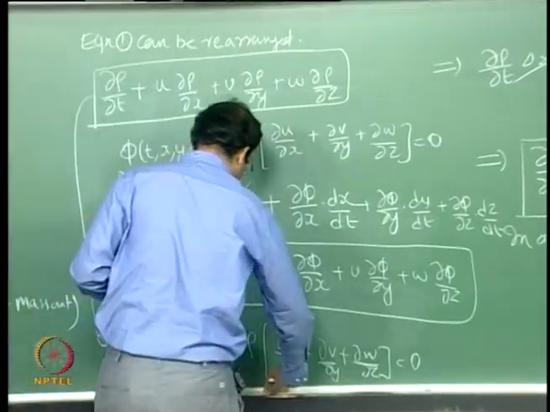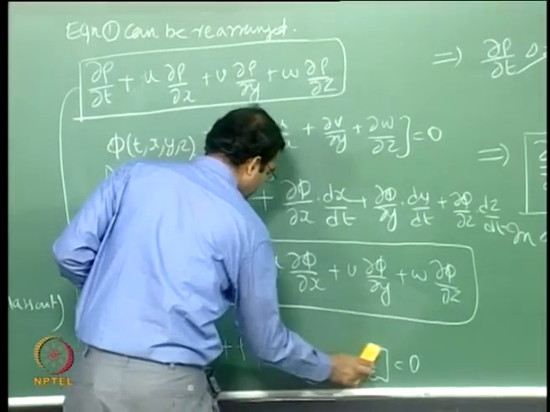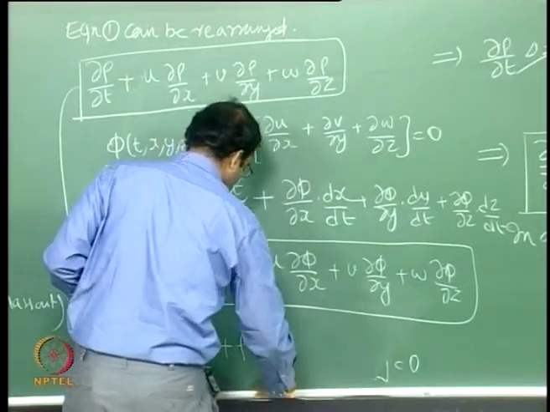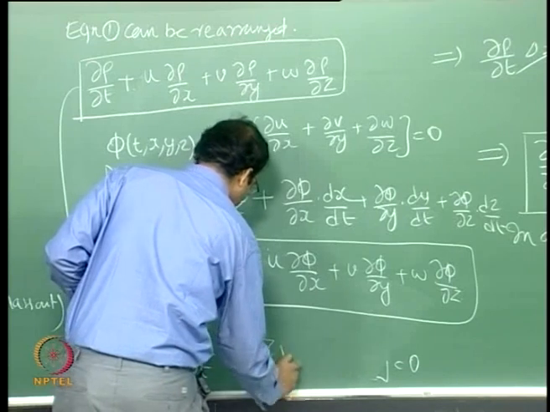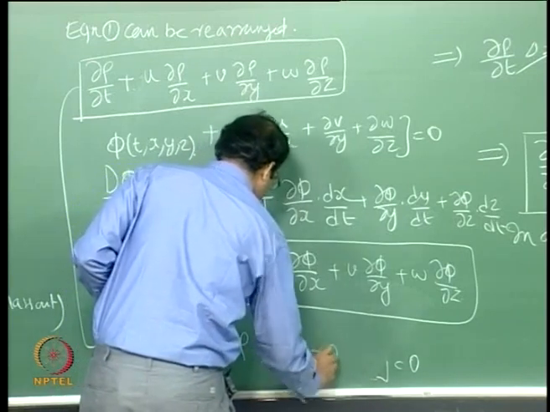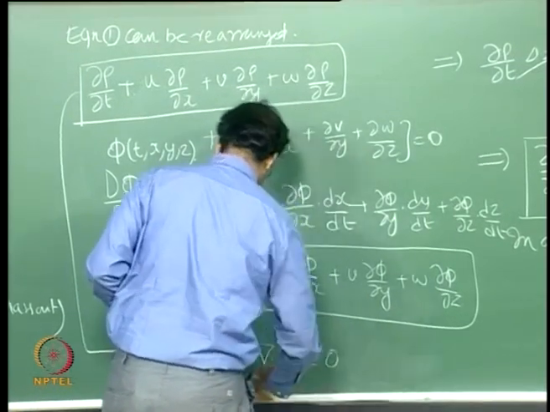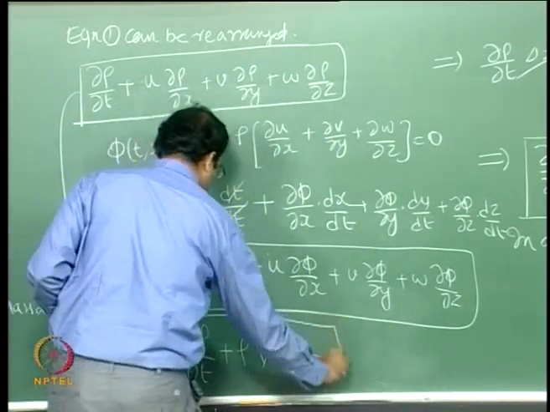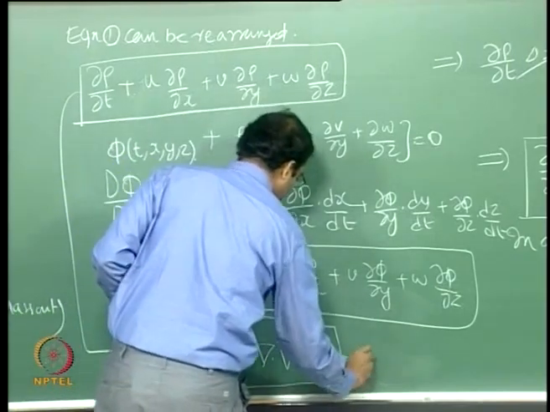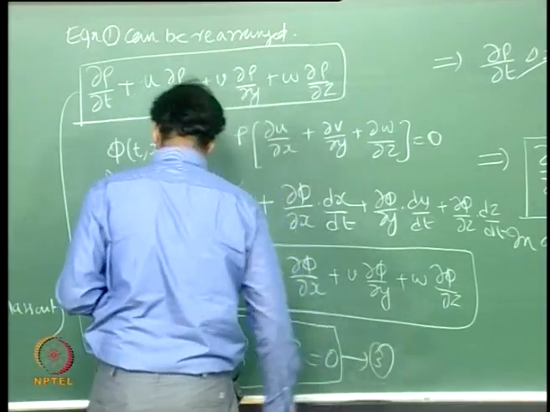So this again I can use the coordinate free format. I can write this as divergence of v, which is equal to 0. So I will call this an equation. So these are different ways in which I can write the continuity equation.